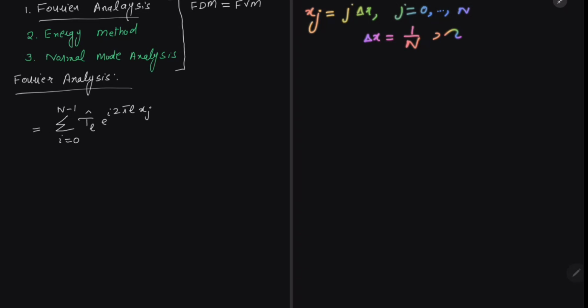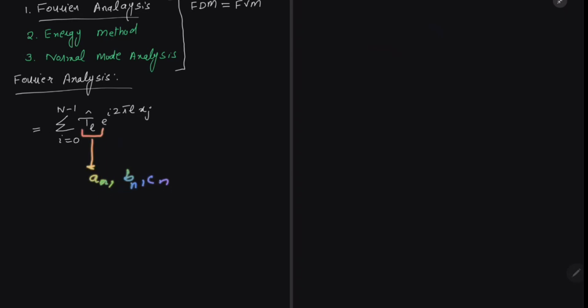This is our assumption. And in Fourier analysis, we also have one assumption which is called the periodicity. It means that whatever comes in will be equal to whatever goes out. This is periodicity. And here you can see that this is the amplitude. In Fourier analysis, on the coefficients we had a0, an, bn, and cn.